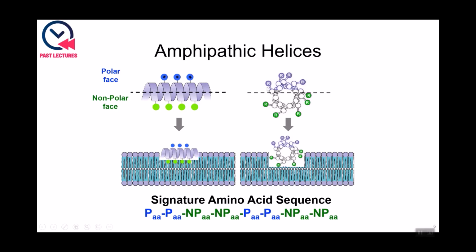Remember, you need about 4 amino acids for a complete 360 rotation, so you'll generally see an alternating pattern of 2 hydrophilic and then 2 hydrophobic amino acids if you were to look at the primary sequence. The nonpolar groups will then interact with the hydrophobic lipids and allow it to embed in the membrane.